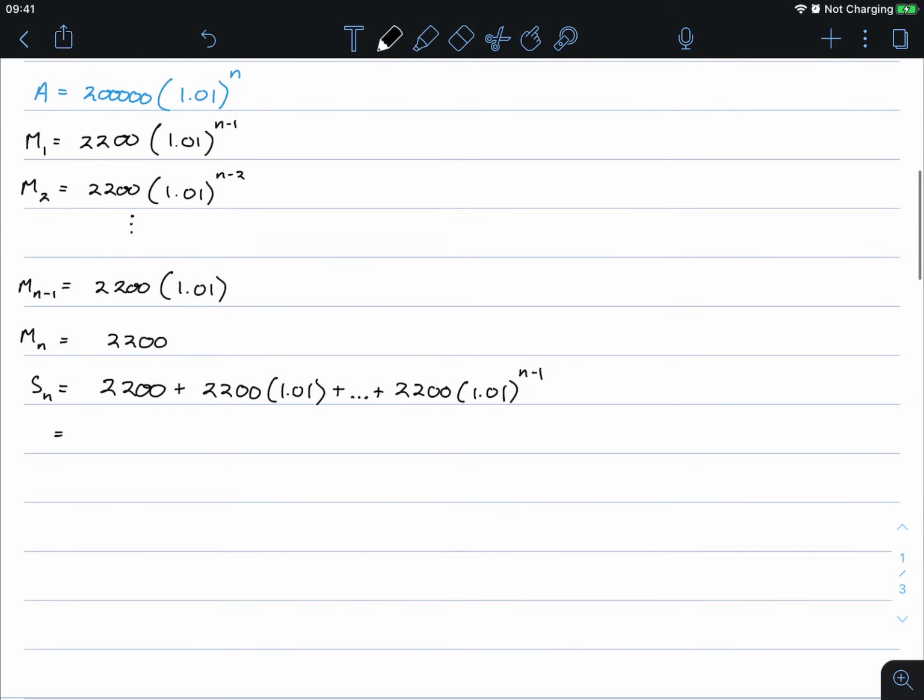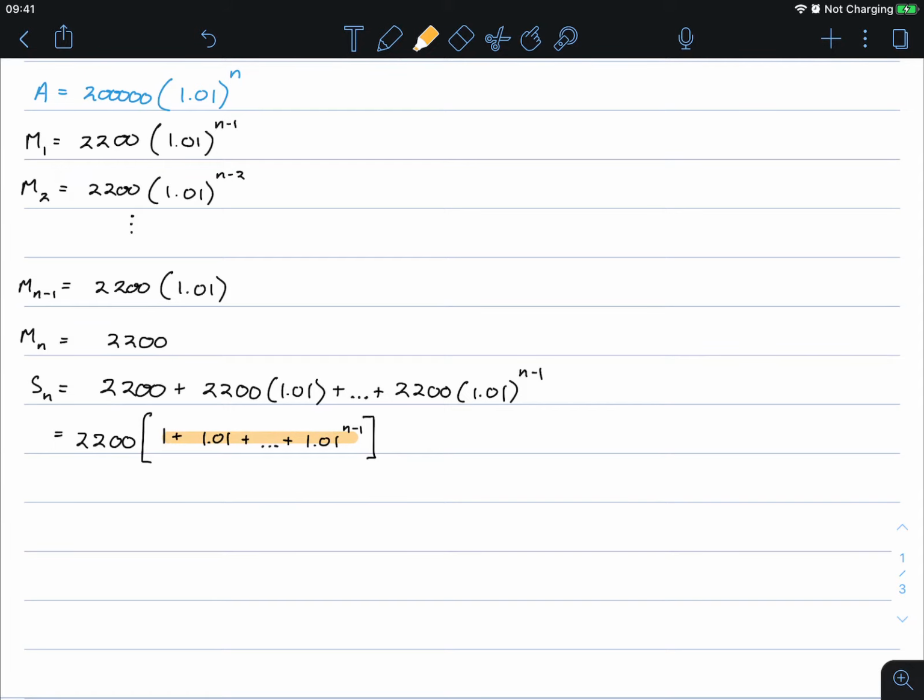Factoring out 2,200, leaving us with 1 plus 1.01 plus dot dot dot 1.01 to the power of n minus 1.